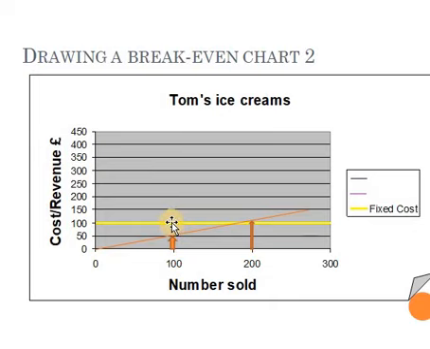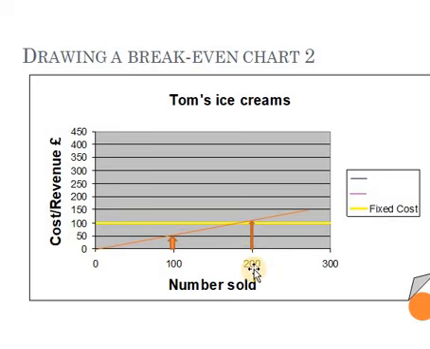It is still 100 because we said that the fixed cost is constant at $100. So what is the summation of 100 plus 50? It's going to be 150.